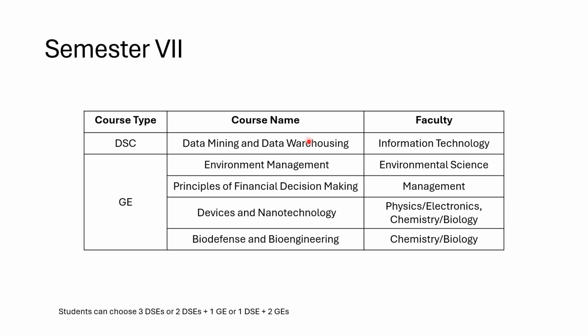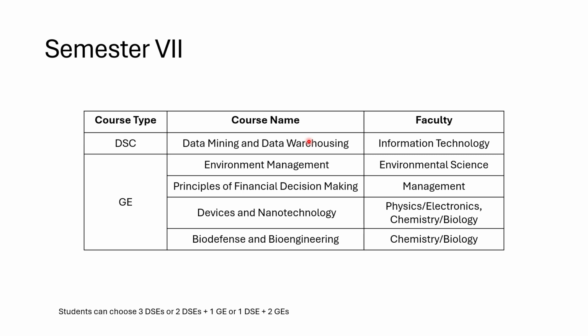In semester 7, now course structure again changes. Let me brief you through it a bit, okay? Again, in semester 7 and 8, you have a major project internship kind of work. I will tell you about that at the end. You have one DSC course only in semester 7 and 8 each, which is the core, compulsory course.